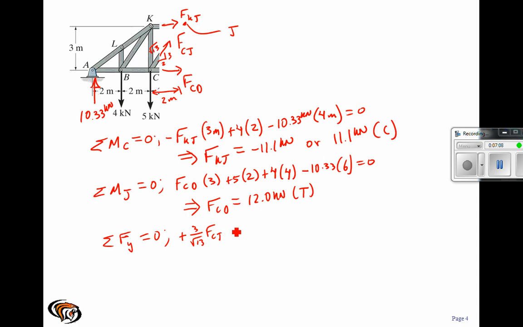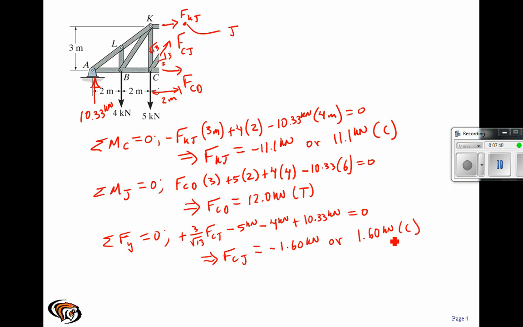The other forces in the vertical direction are the negative 5 kilonewton, the negative 4 kilonewton, and the positive reaction at A, 10.33 kilonewtons. And this is equal to 0. From that, we get that the force CJ is equal to negative 1.60 kilonewtons, or 1.60 kilonewtons in compression. I hope that this was useful, and see you next time.